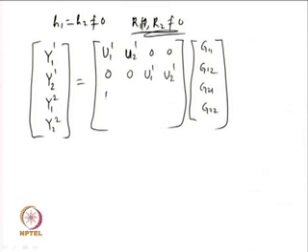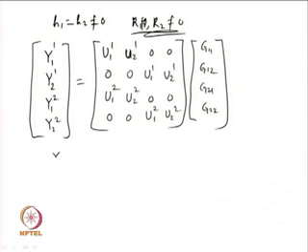Similarly, you will have U12, U22, 0, 0, 0, 0, U12, U22. Or if you expand this, let me write one simple expression.